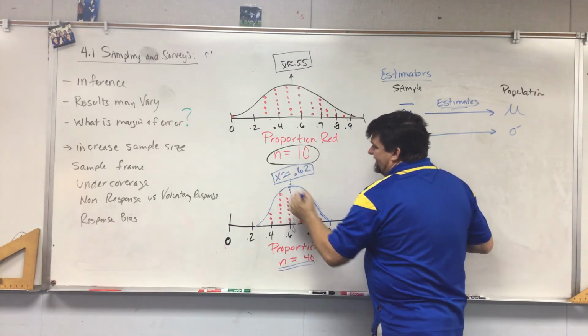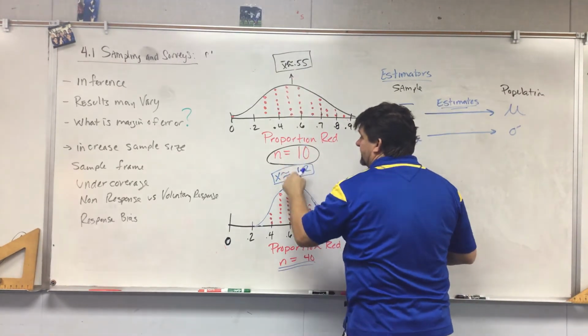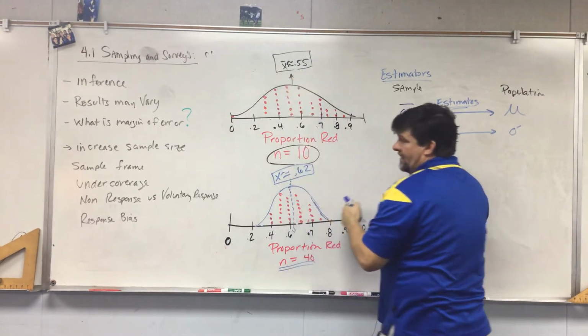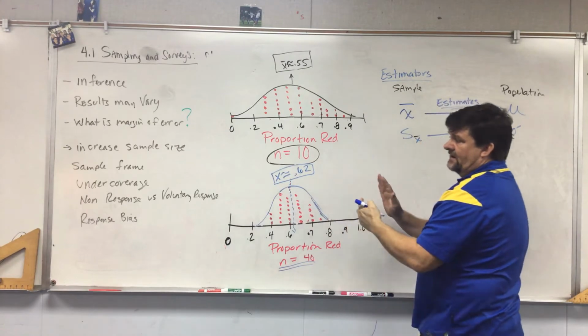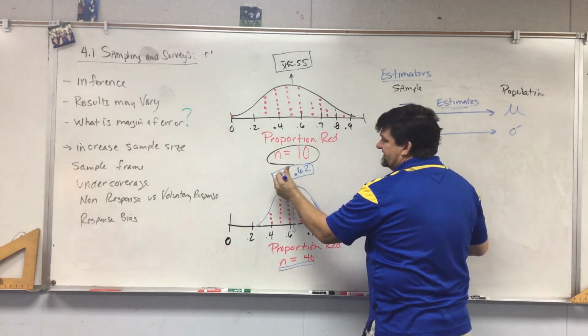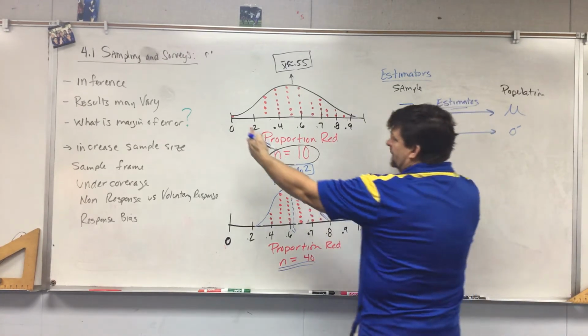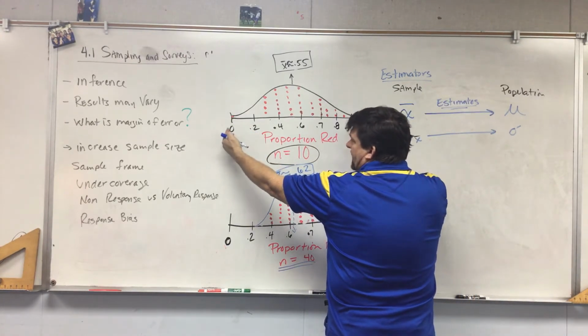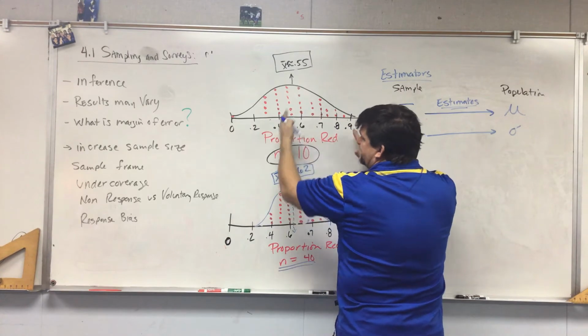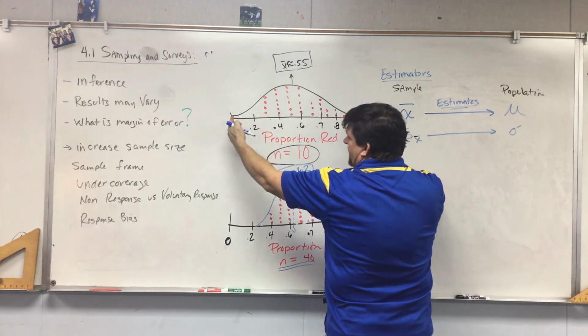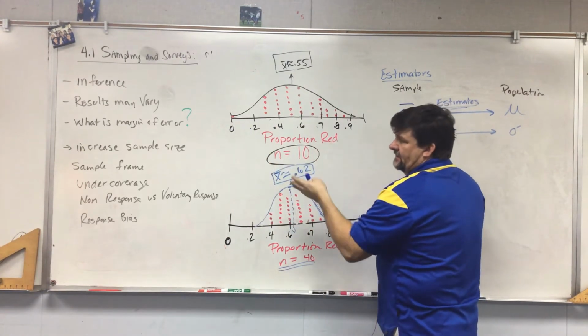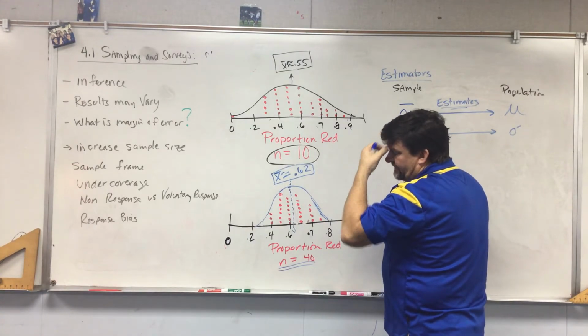So this didn't change much. But remember, every time we sample, we're going to get a different number. So this X-bar is going to fluctuate. But what changed? Our range, or our distance from X-bar, changed. So what does the increased sample size do?